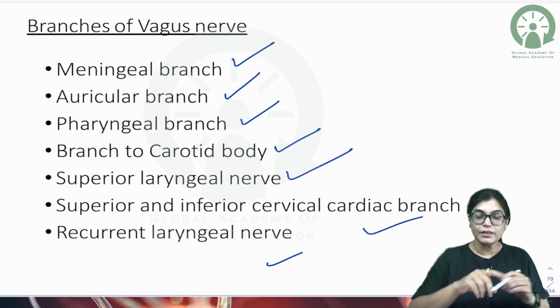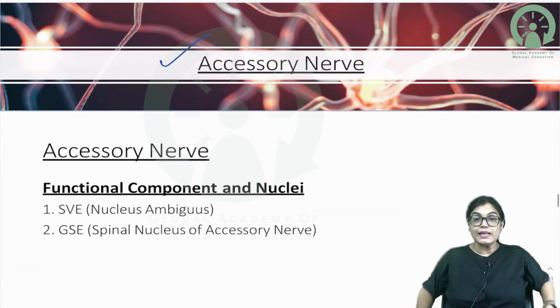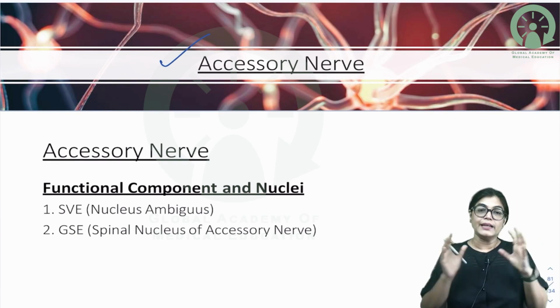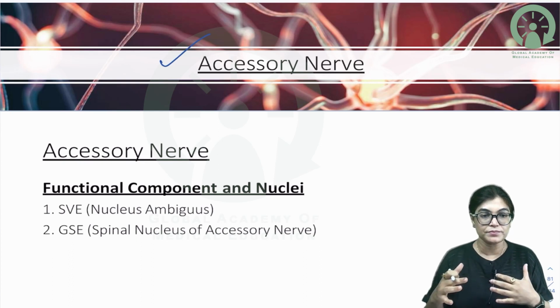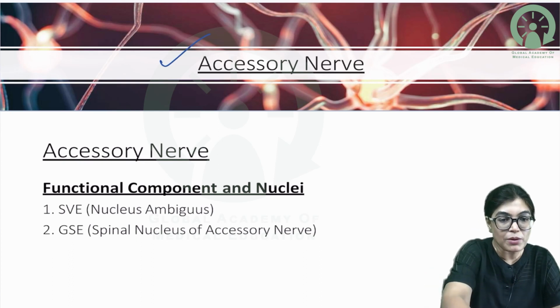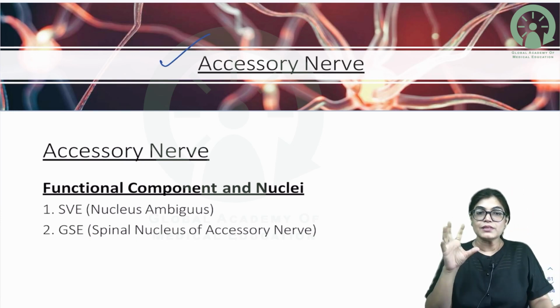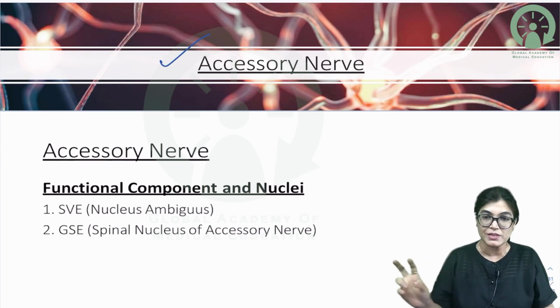Now, the accessory nerve is the 11th cranial nerve, and it has two roots. The cranial part travels with the vagus nerve. The spinal accessory nerve gives innervation to two muscles, sternocleidomastoid and trapezius.